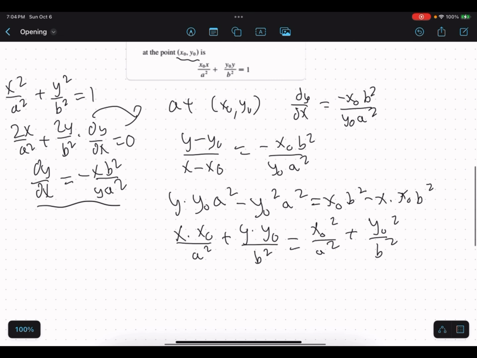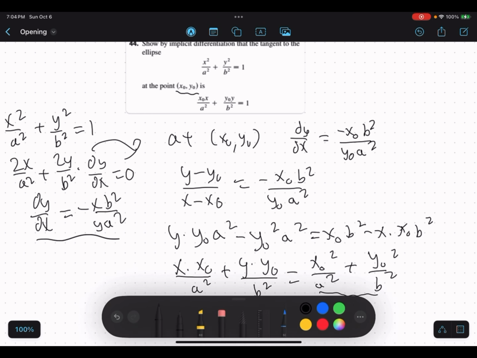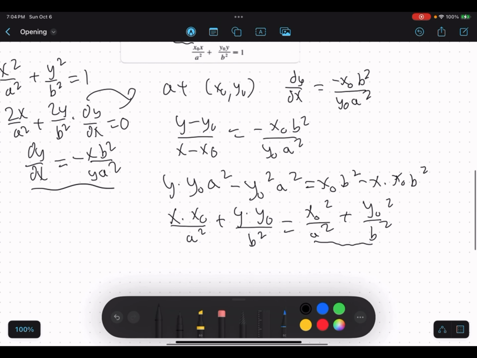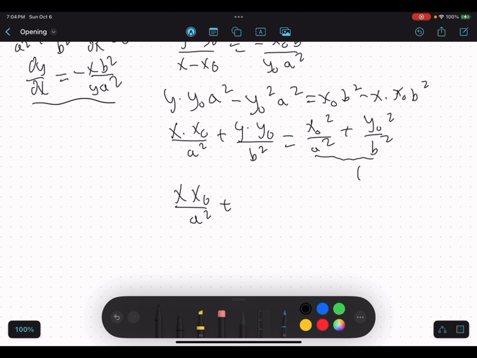All we have to do now is we can see that this equation matches this equation very closely. Formula for an ellipse, this side always has to be 1. So our final answer is x naught over a squared. And that's our final answer.